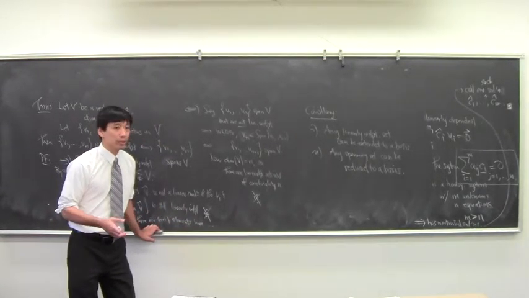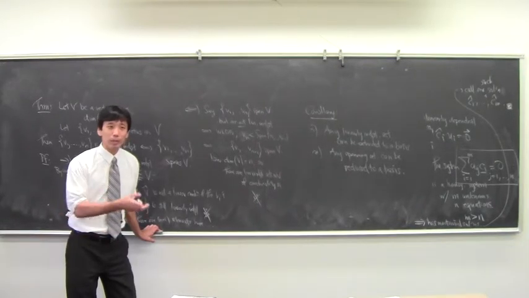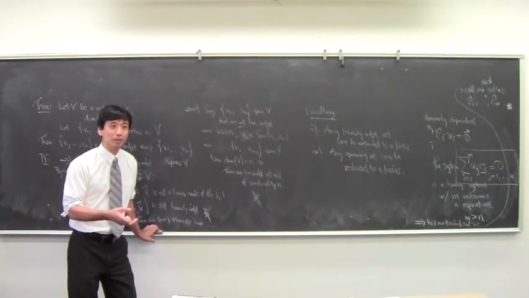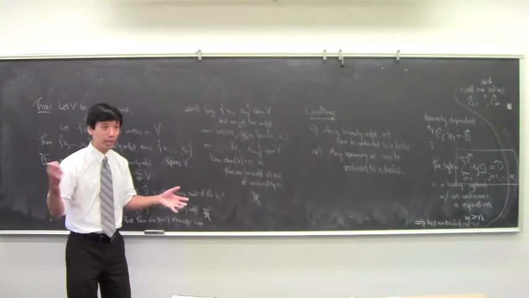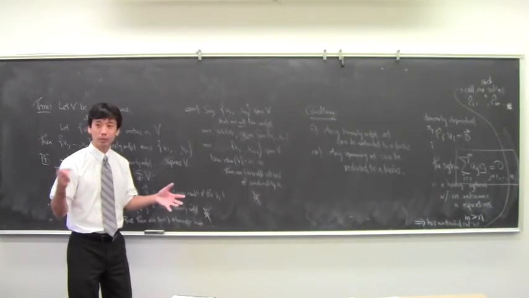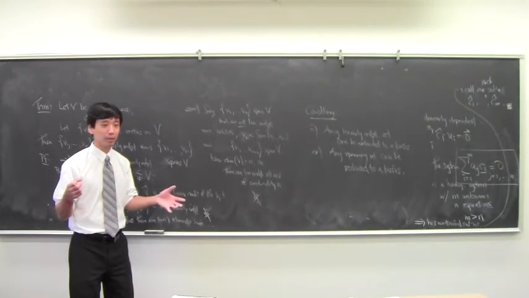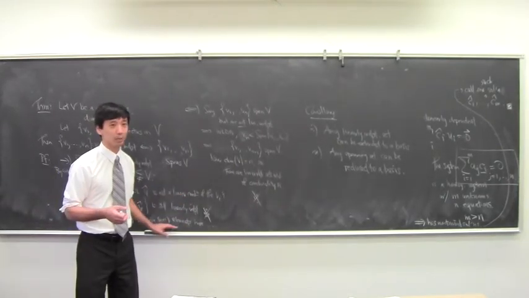If you start off with a linearly independent set, you just keep on throwing in more vectors until you have a basis. If a spanning set, just keep on throwing out the redundant ones until you have linear independence. And either way, you're going to end up with a basis.